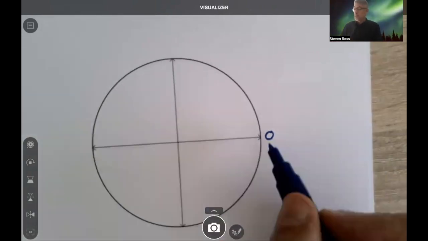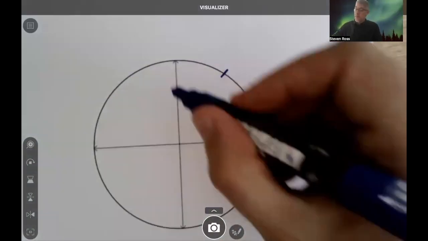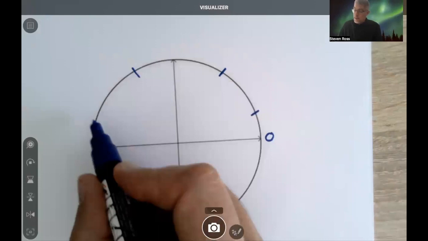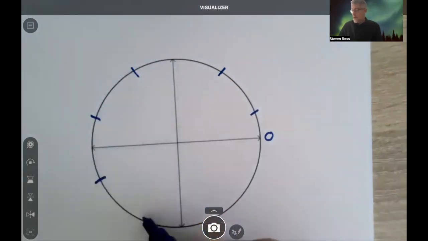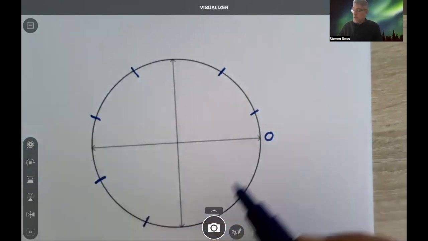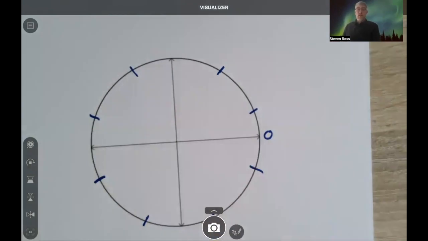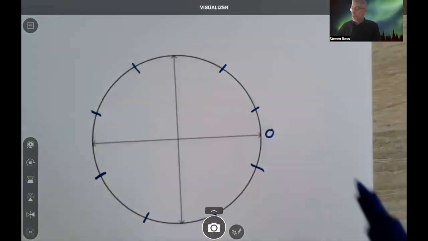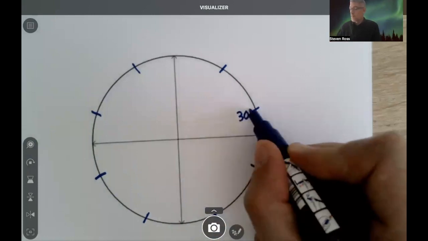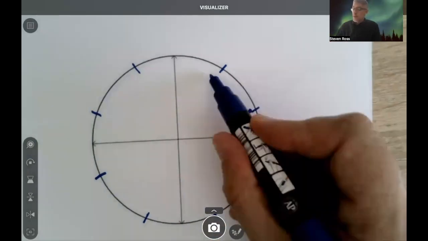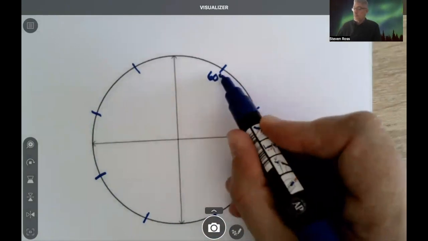All right, so let's start marking off approximately where all the 30-degree angles are. If I continue to add 30 degrees to each of those hash marks, it'll look something like this. So we start with 30 degrees. 30 plus 30 is 60 degrees, right?